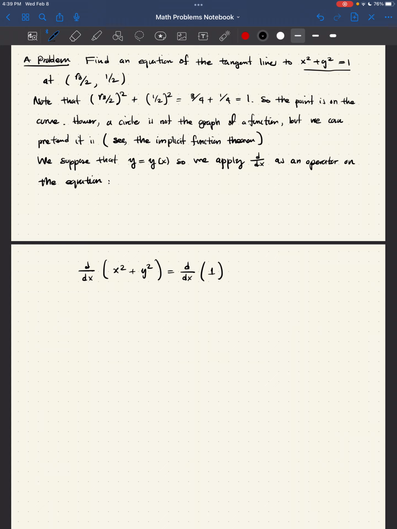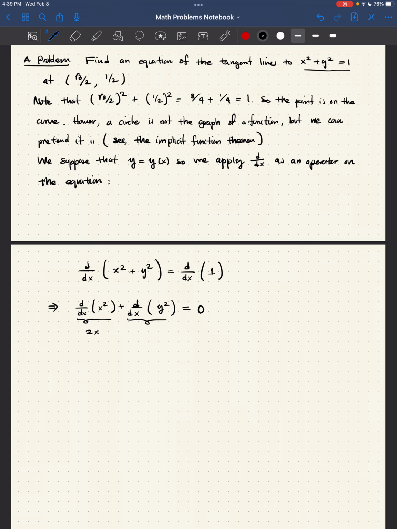We lose nothing here. But wait. From here, we obtain the following information. I can decompose this as the derivative with respect to x of x squared plus the derivative with respect to x of y squared, which would be equal to 0. Now, this is not complicated. This is 2x.